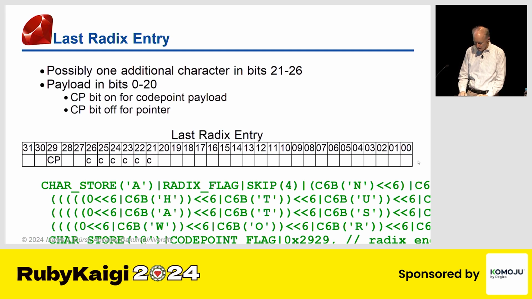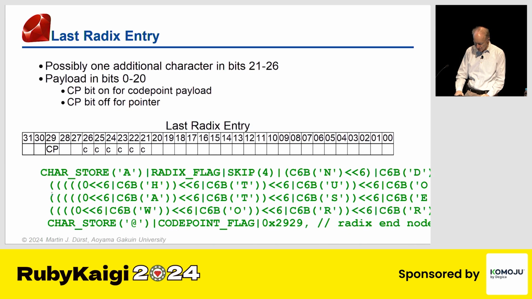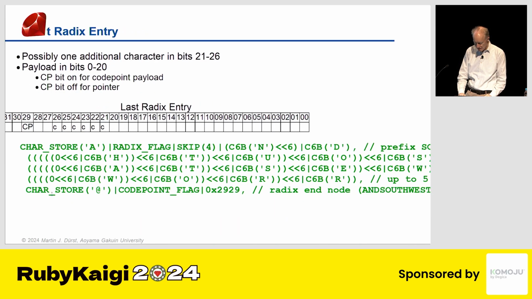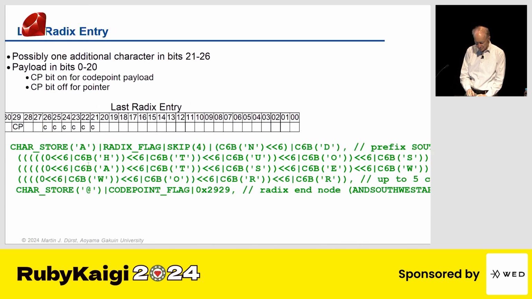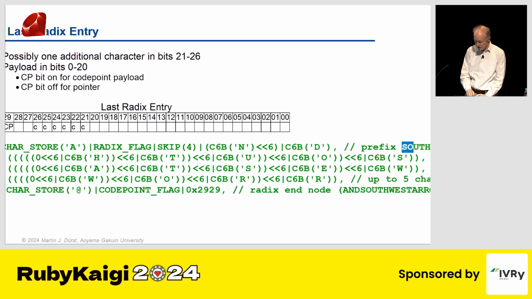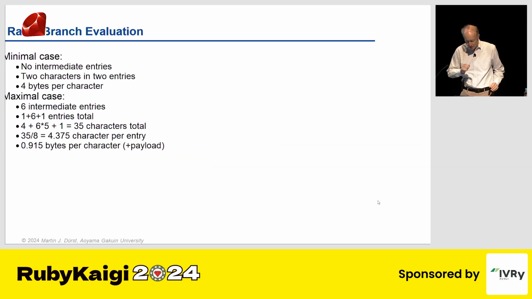This doesn't show, but this is the way the data looks, kind of shifted by 6 bits and so on. The first one says skip 4, and then 1, 2, 3, 4. And here's the last one, which is a code point. And this is for a prefix of south, and southwest start arrow.